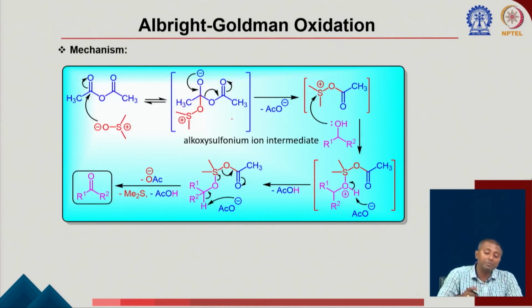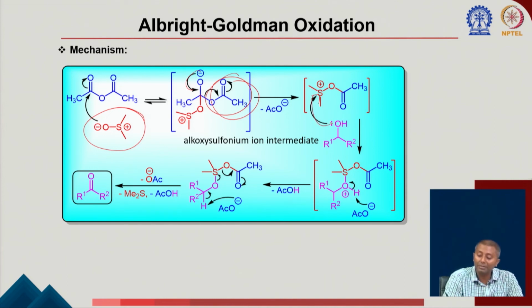Again here the mechanism is very similar. You can see this activated DMSO species attacking the acetic anhydride to get the acetyl group. Now again it will take you to the generation of some sort of alkoxysulfonium ion intermediate. Now this O minus is going to come back and get out as acetic acid, and then you have this S plus, so the alcohol oxygen is going to attack here.